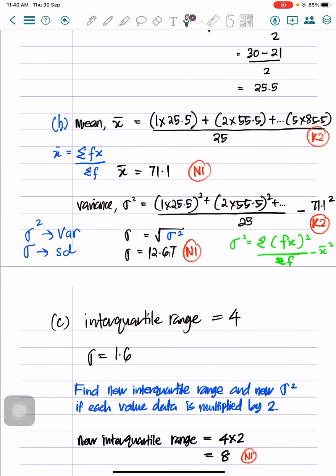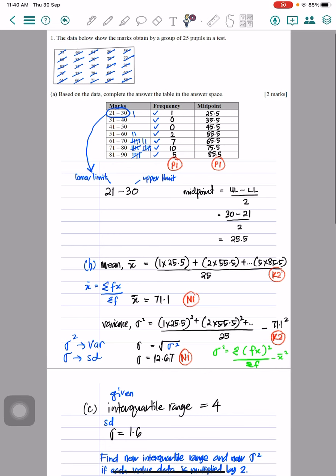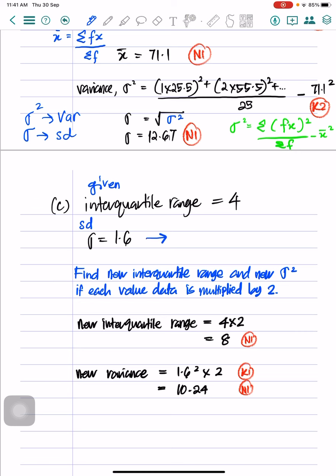Given that the interquartile range is 4 and the standard deviation is 1.6, find the new interquartile range and new variance if each value of the data is multiplied by 2. This means every data value we have now is multiplied by 2. Can you find the new interquartile range and the new variance? The information given is the original interquartile range, 4, and the standard deviation 1.6. Since the standard deviation is given, we know the variance is 1.6 squared.